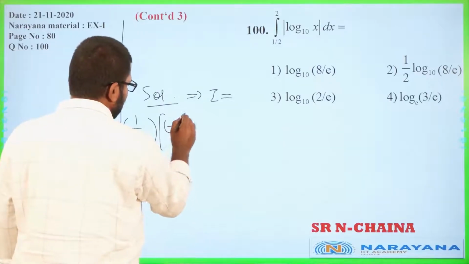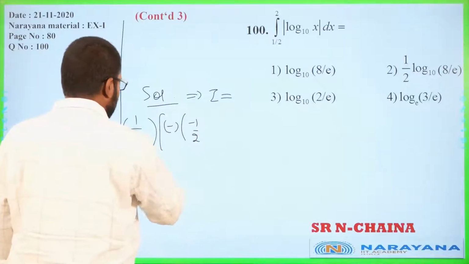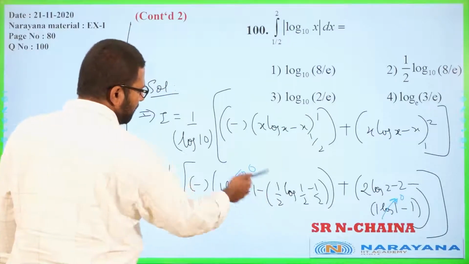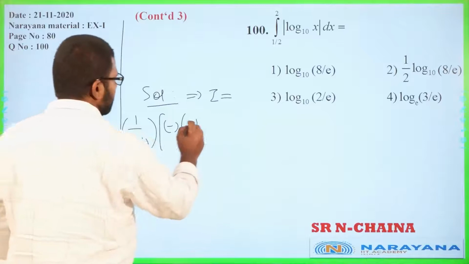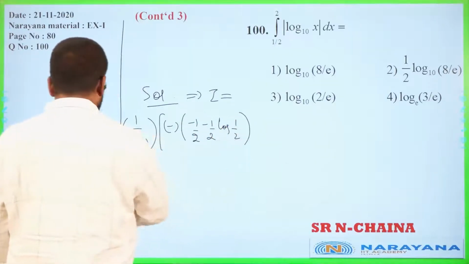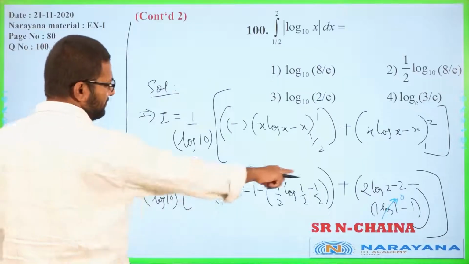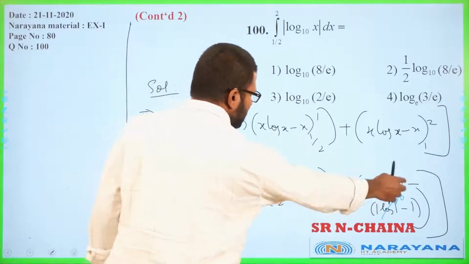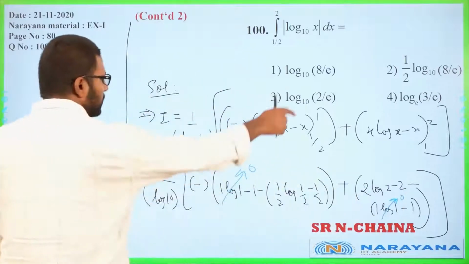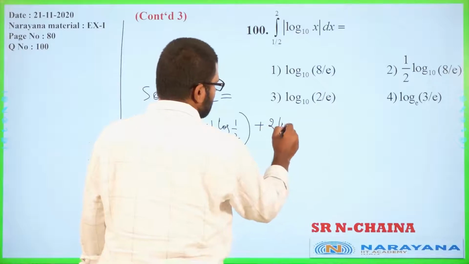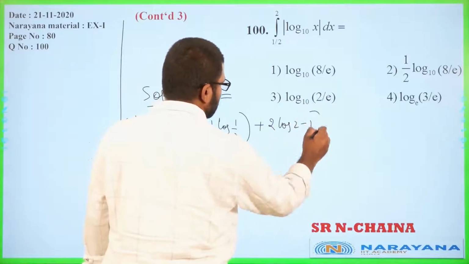So put this minus into minus half, and the remaining part is minus half log half. Then that part, this has gone to 0, 2 log 2 minus 2 and plus 1. So 2 log 2 minus 1, so plus 2 log 2 minus 1.